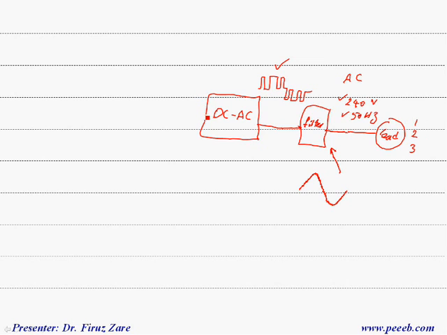So we have a DC voltage coming from other sources, for example PV, wind turbine and battery, and in this case we need to generate a regulated DC voltage, for example at 400 volts, suitable for this main DC to AC converter.